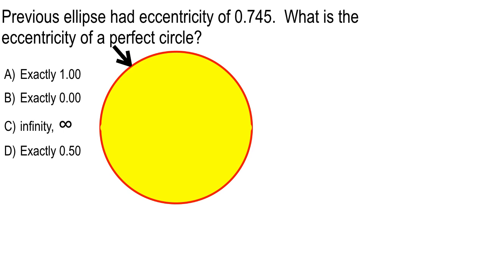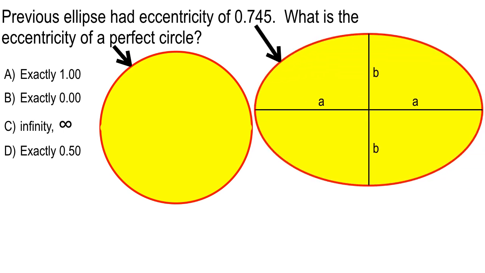The previous ellipse, here it is, had an eccentricity of 0.745. Now, a perfect circle. What's your guess? Exactly 1, exactly 0, infinity, or exactly 0.50, 1/2.